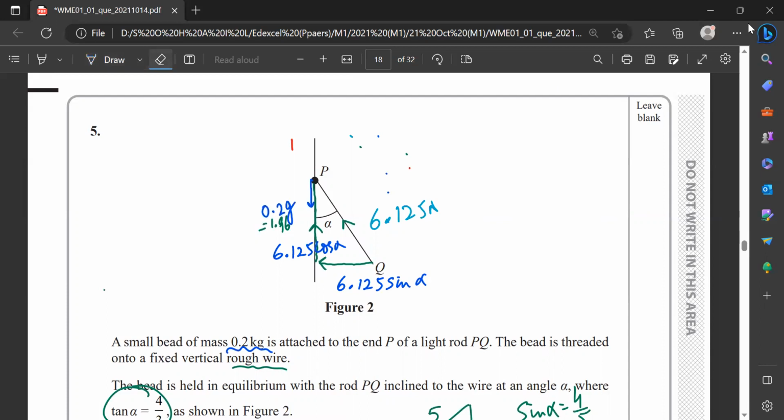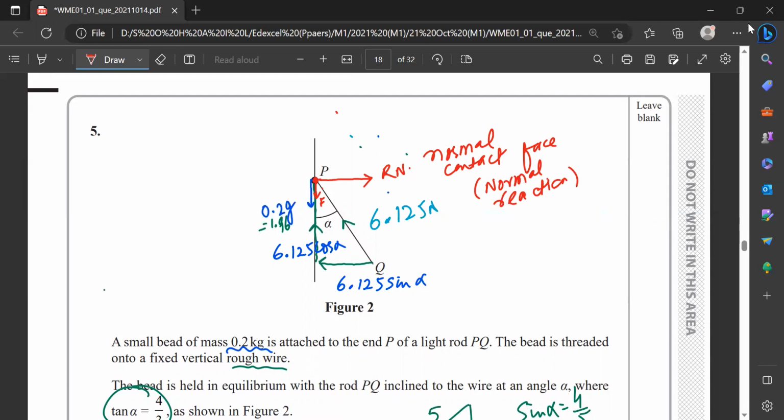And here you'll have to understand that for the greatest value, the friction force will act down. And if this is the friction force, this rod is pushing this bead towards the left, so the normal contact force, or simply the normal reaction, is acting rightwards.